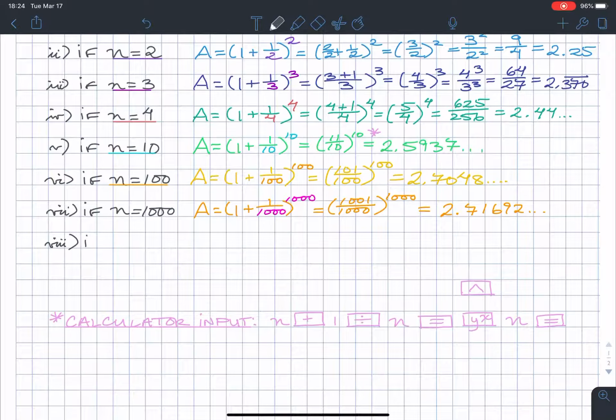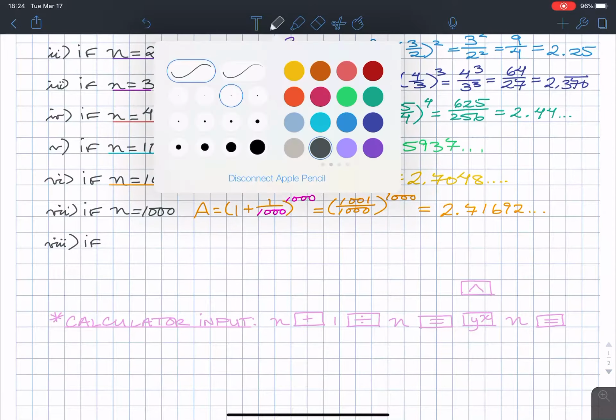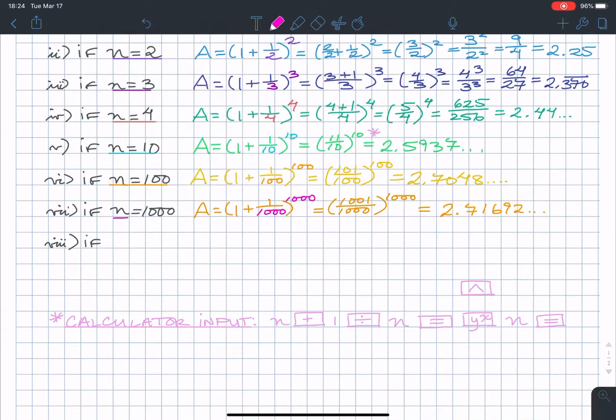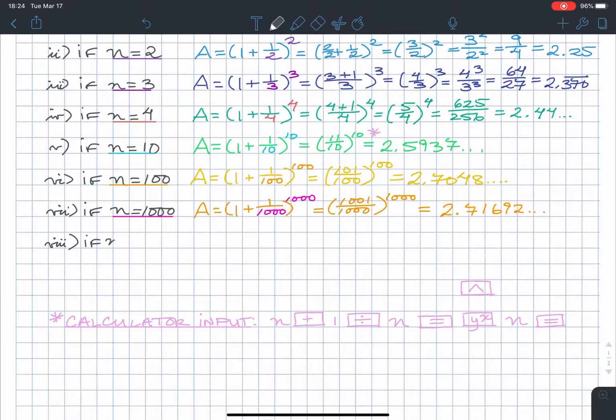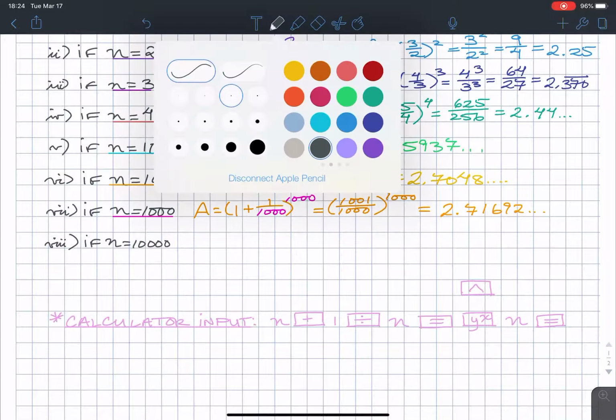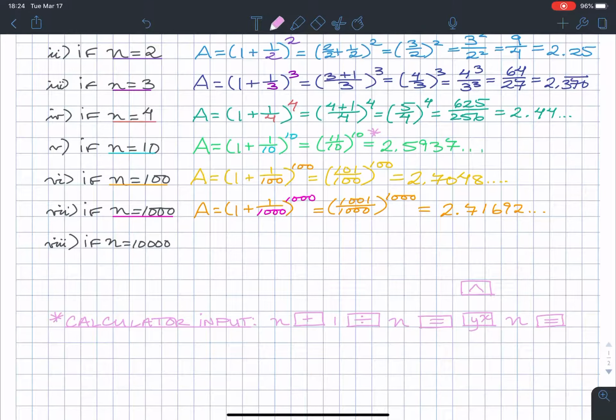So let's tack on one more 0. Oh, by the way, I forgot to underline this one here. So for n is 1,000. So now let's have n being 10,000. So finally, let's do this in pink. So the amount will be 1 plus 1 over 10,000, all raised to the 10,000.